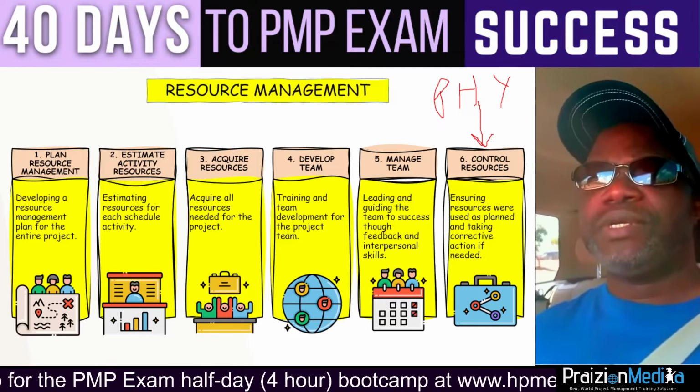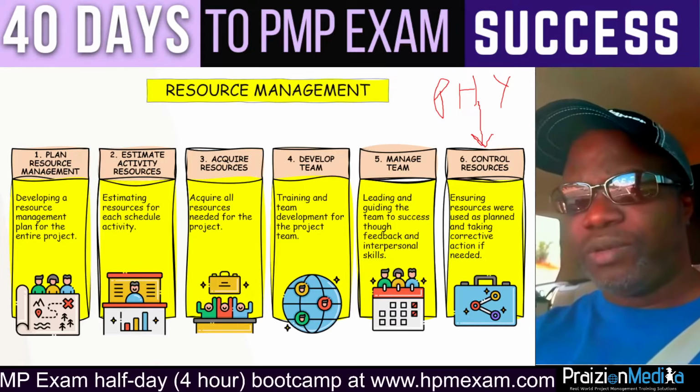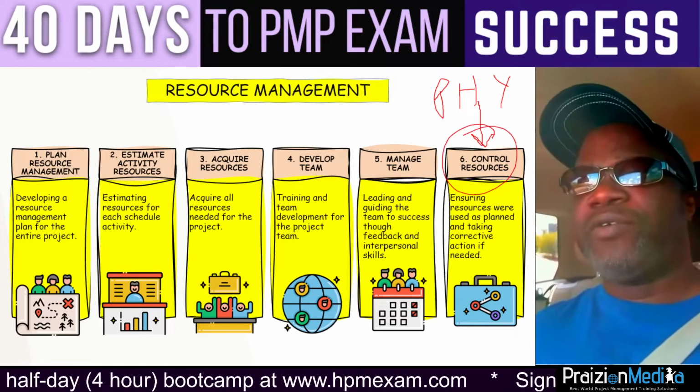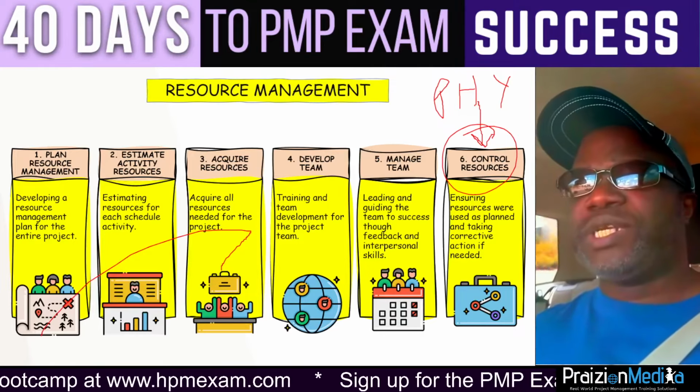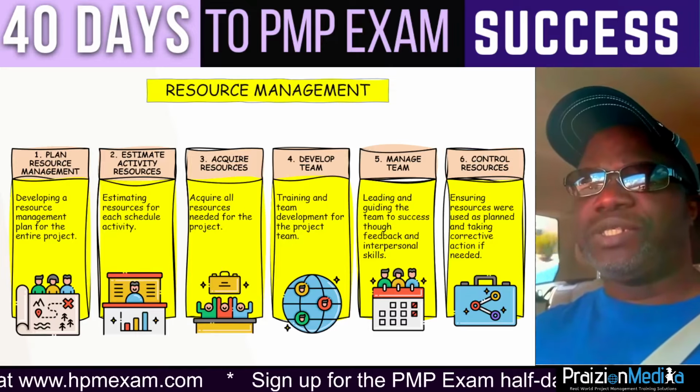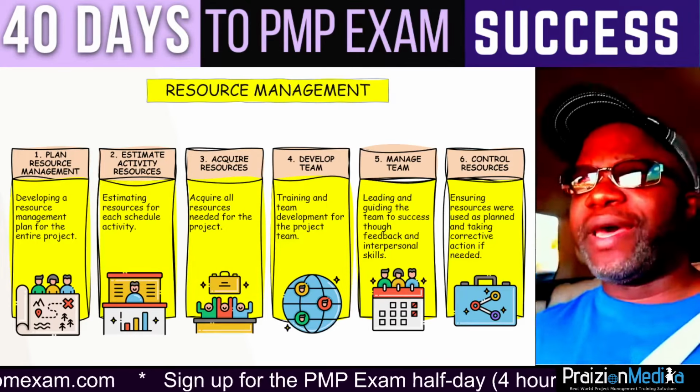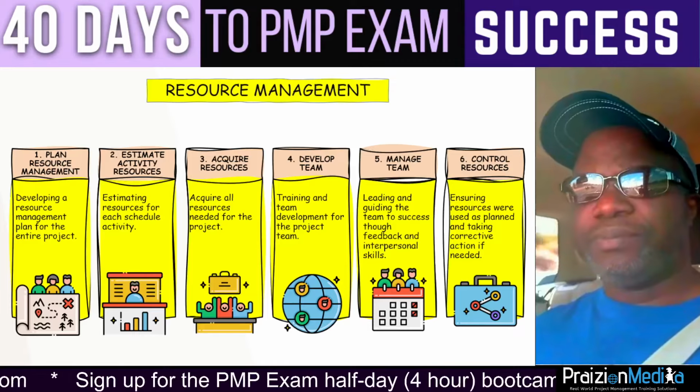Control resources is not for your human resources. Instead, we have manage team, and that helps us ensure the team is getting the attention, the feedback, the guidance, and the leadership they need.